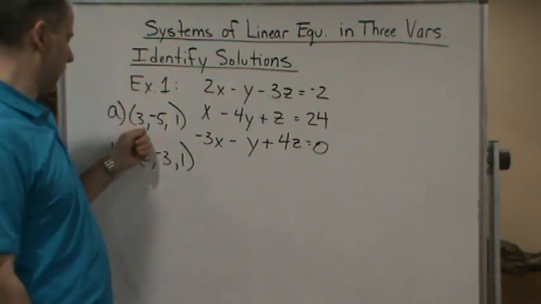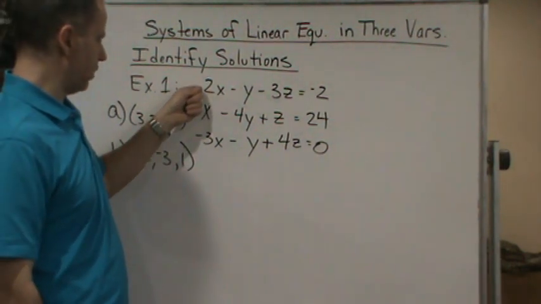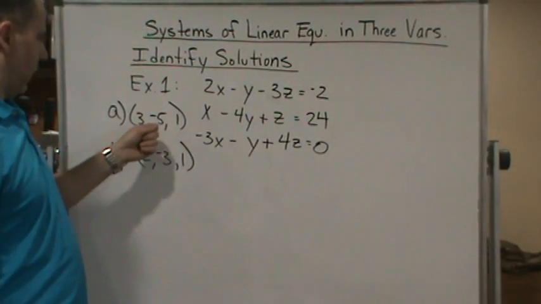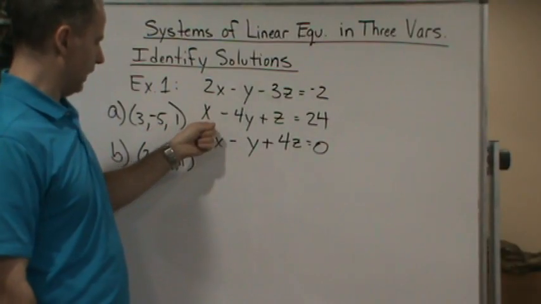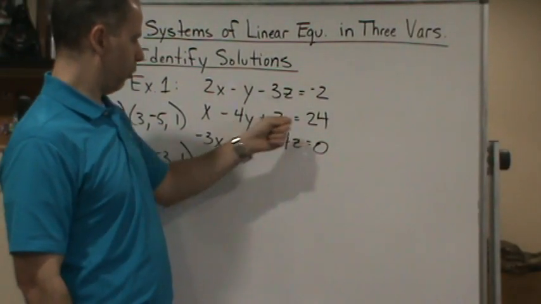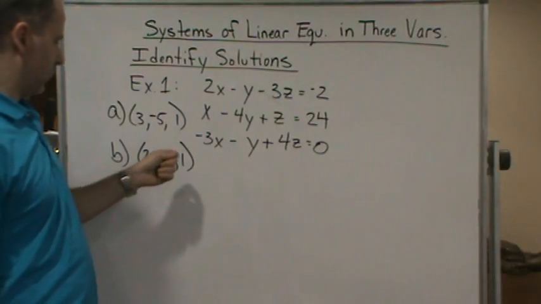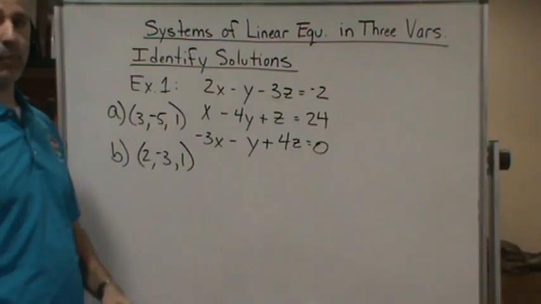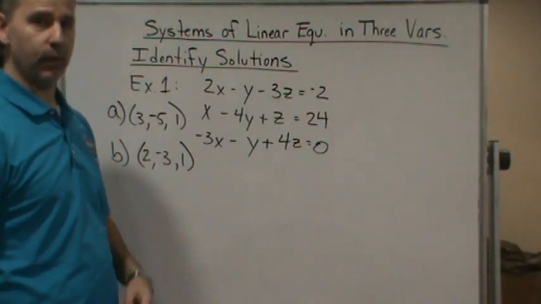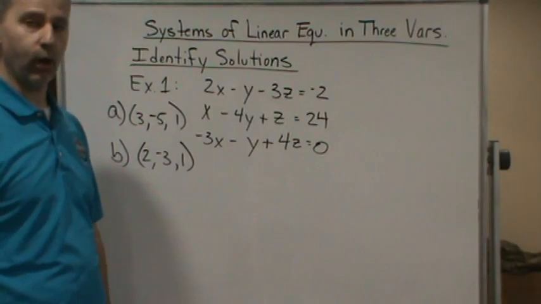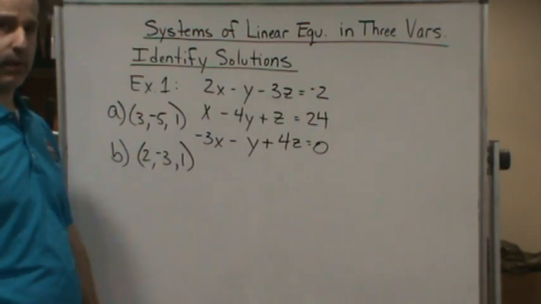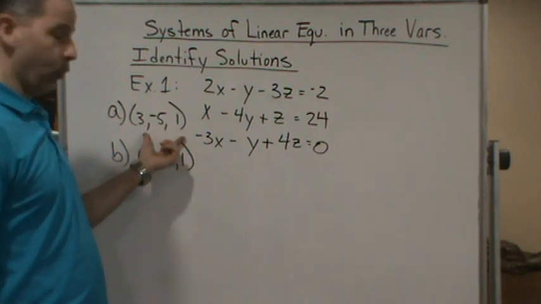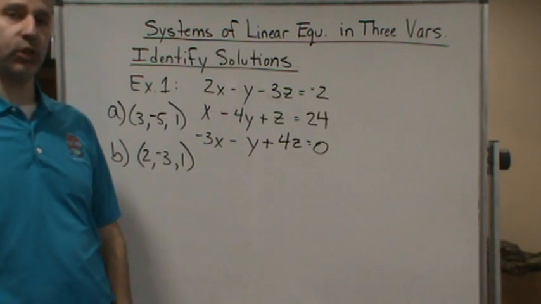So that means when we plug this ordered triple into this equation, we should get a true statement, -2 equal to -2. And if we plug that same point into this equation, we should get 24 equals 24. And into the third equation, we should get 0 equals 0. If we get something like 2 equals 3 or -3 equals 0, that is a false statement, and therefore this ordered triple would not be a solution to the system.